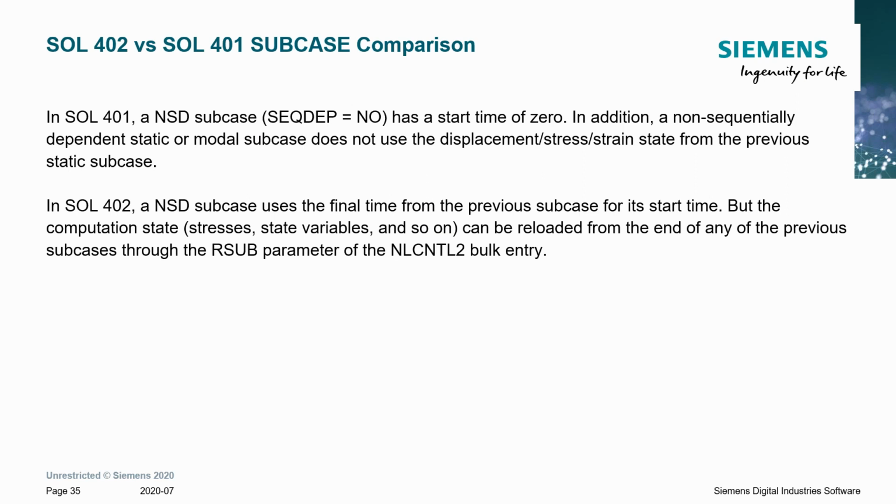A non-sequential subcase in 402 uses the final time of the previous subcase for its start time. But the computation state can be ignored or reloaded using something called an R-sub parameter.